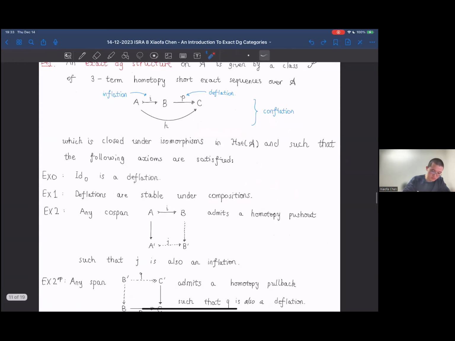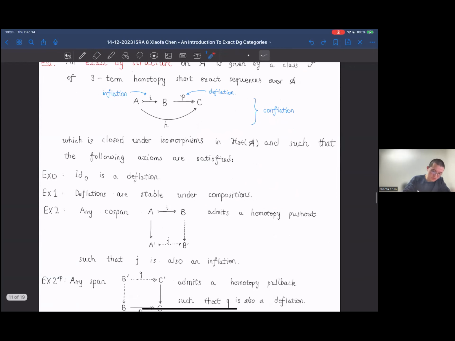But notice here that we may have many compositions. If we have P and P prime, and we have a composition, this is up to homotopy, then for any representative, it is a deflation. Because here is in Z0, and here Q is in a homotopy class of a morphism. So any representative is a deflation.